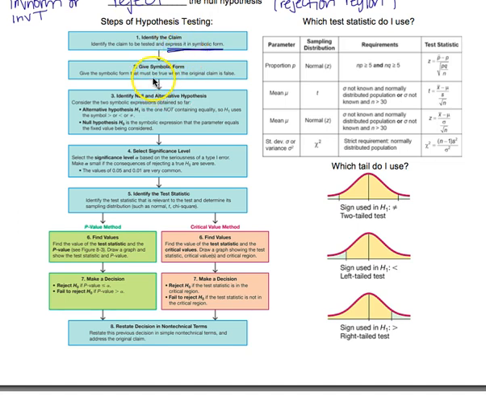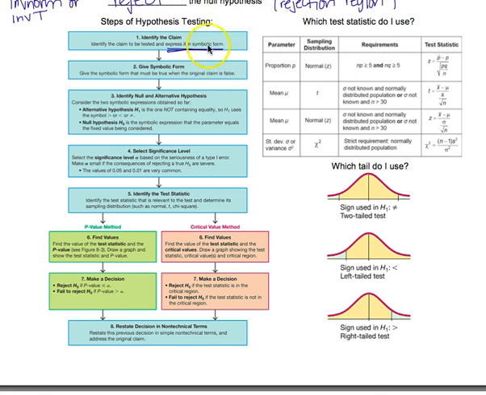Step 2 is to give the symbolic form that must be true when the original claim is false. So that means that we're going to work toward identifying, which is step 3, what is our alternative hypothesis and what is our null hypothesis. So if our claim is that mu is equal to a number, then if that's false, that means that mu is not equal to that number.